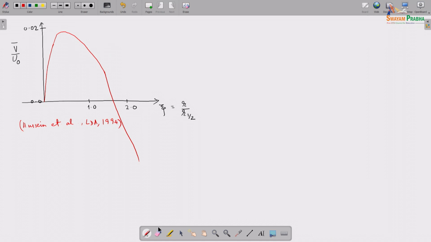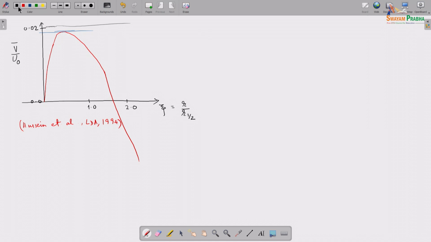All right. Now the point is that that's the maximum, 0.02, right? So if you see that, what is the maximum? So this is say the max, right?